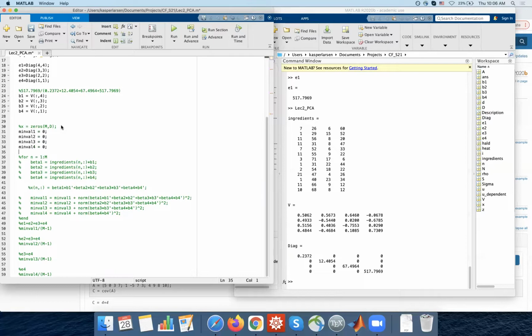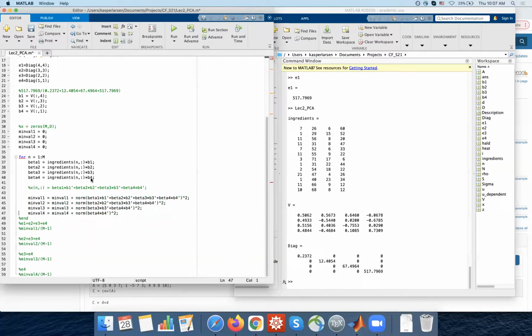I have 4 options. I will do the betas. This was the loadings, the coefficients. Those are the ones we calculated, where you take the ingredients, that was my x, times these basis vectors. And then you can start approximating.